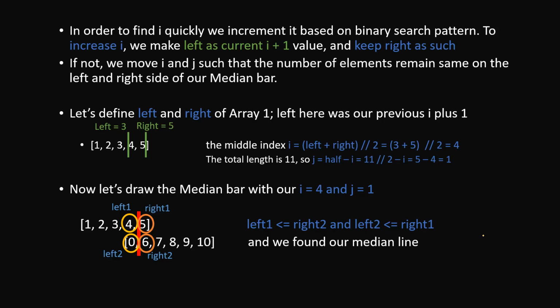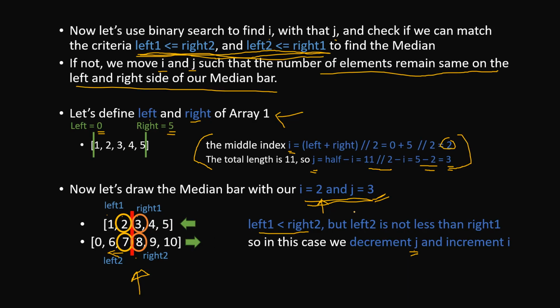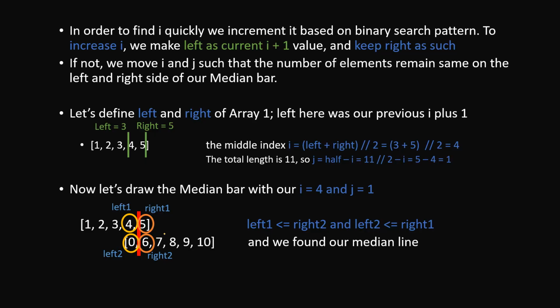Ta-da! So I'll just go back to the previous slide and to the next slide once more, just to show how the arrays moved. The reason why the array moved so quickly is because we are doing binary search.